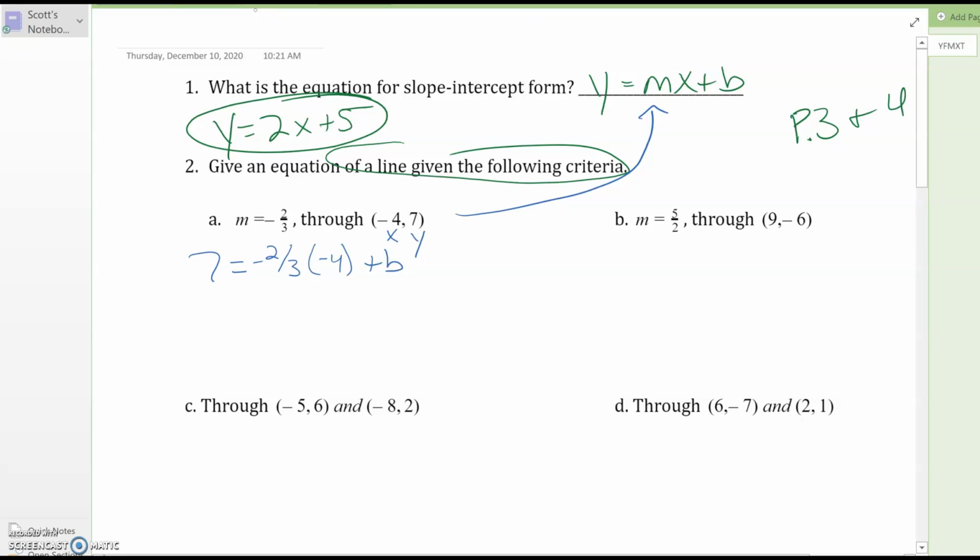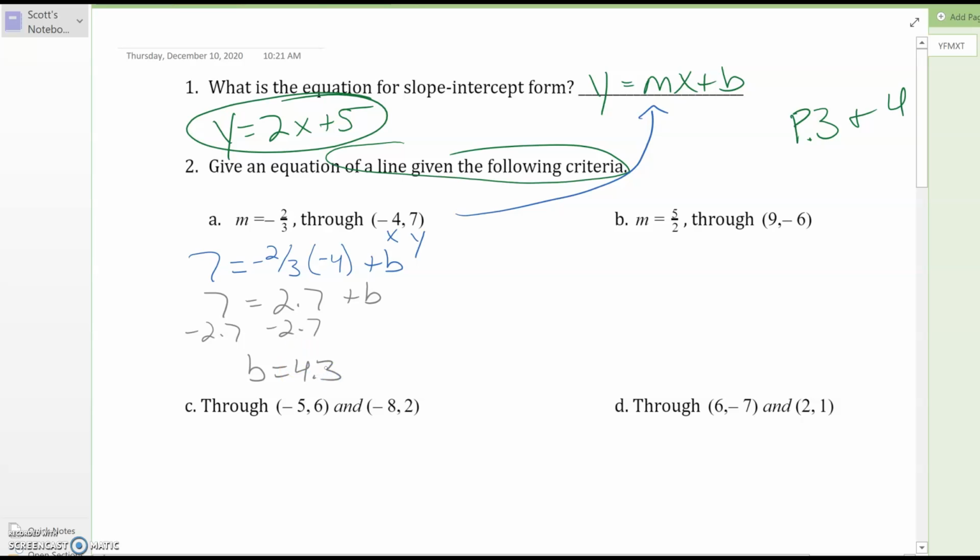So I'd have negative 2/3 times negative 4. You should get something like 2.7 plus b. I'm going to subtract 2.7 to get b equals 7 minus 2.7 to get 4.3.